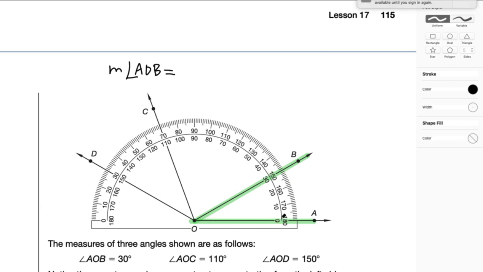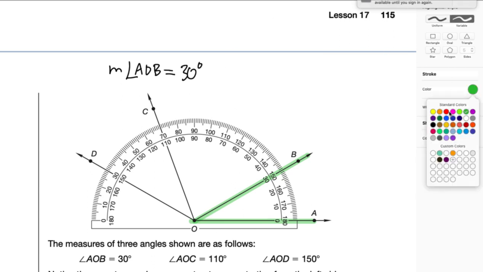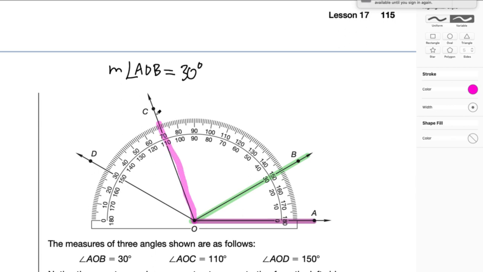So from 0 to 30, we can see that's the opening there. So we can say with some confidence that angle AOB is 30 degrees. If we turn our attention from angle AOB and think about, let's say, angle AOC, which I'm going to highlight in pink, we would do literally the same thing.